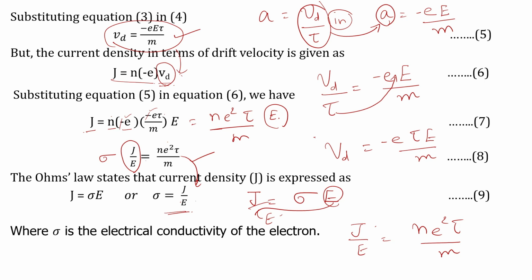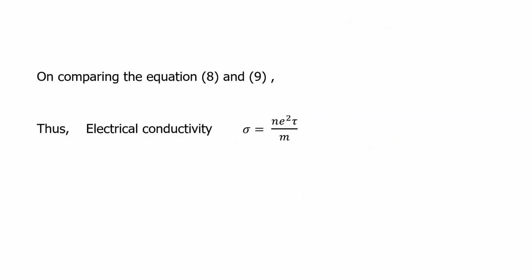Here we have J by E is equal to sigma. Therefore, comparing these two equations, sigma is equal to n e square tau by m. This is the required expression to determine the electrical conductivity of a metal.